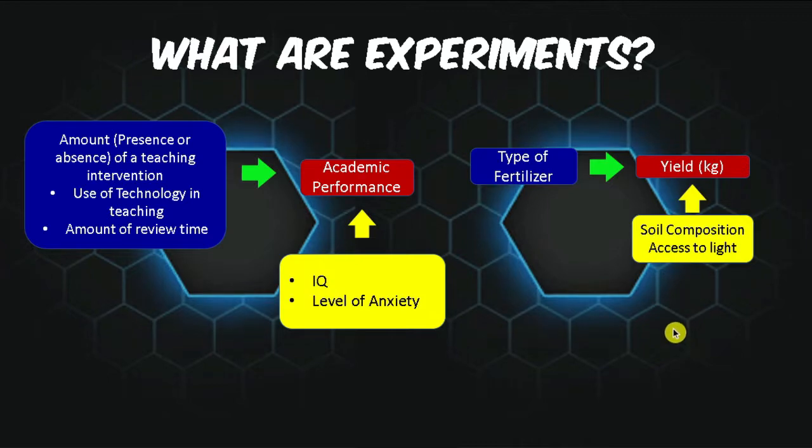So to make this experiment controlled from the effects of the extraneous variables, I have to make sure that in all plots that I'm going to plant, the soil composition is similar in all plots, and also all plots receive an equal amount of light.